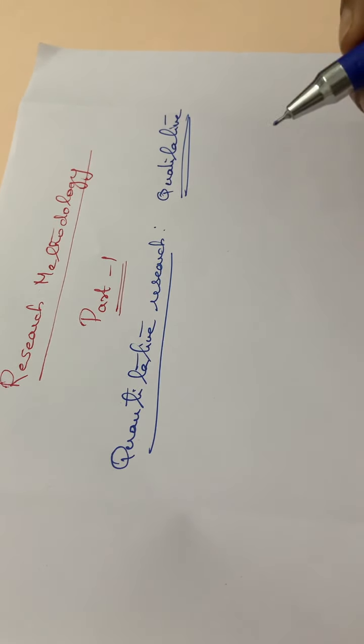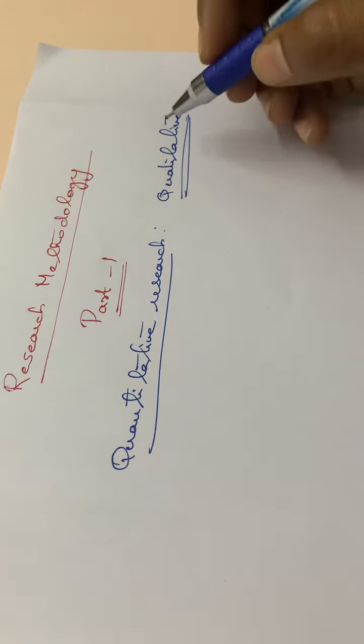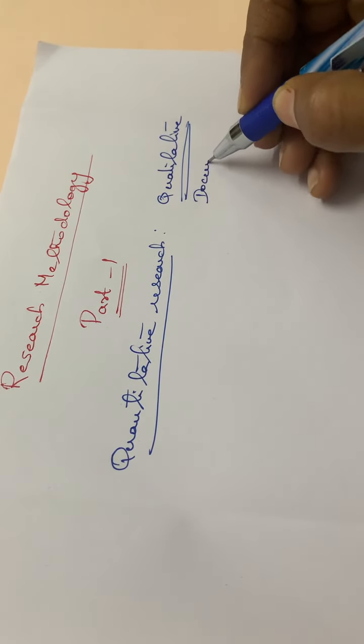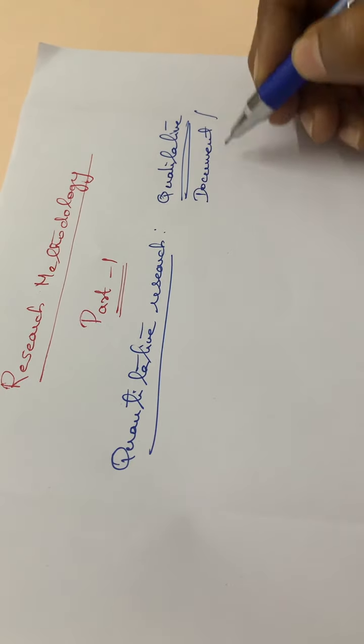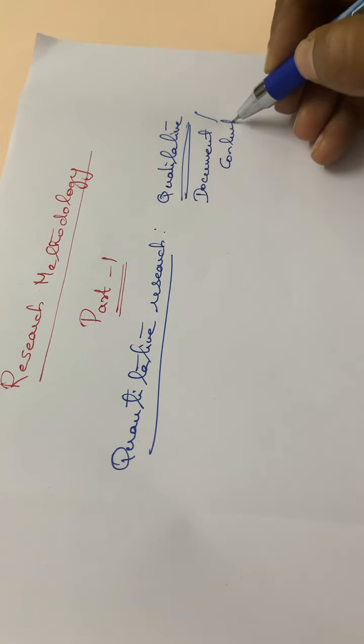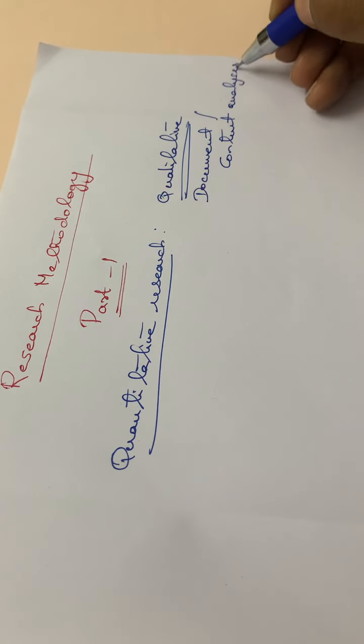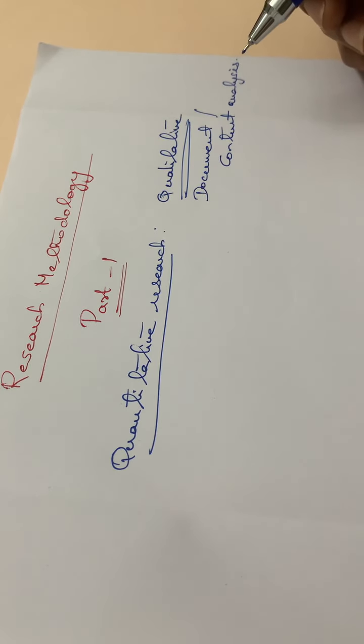In qualitative research, we will be dealing with document analysis or content analysis, which is what I told you earlier. Sometimes we will be analyzing a book, having a critical analysis of a world-famous novel or a poem.